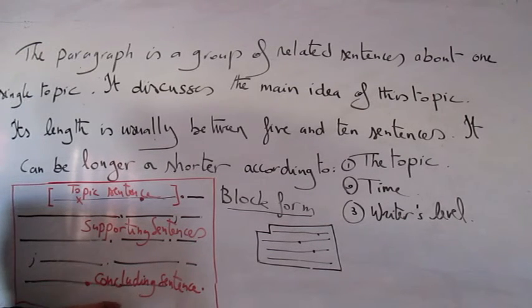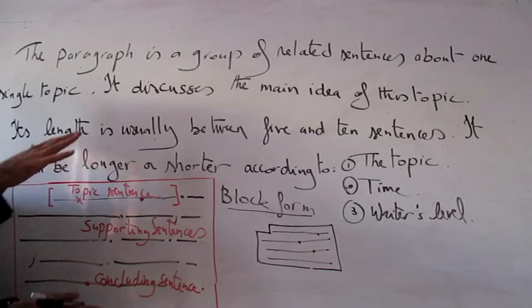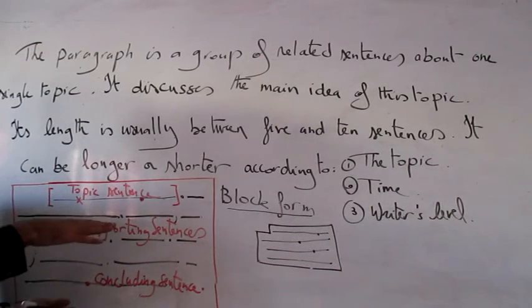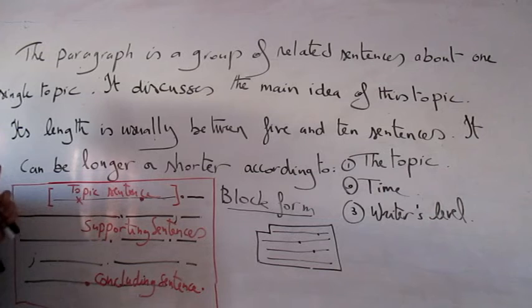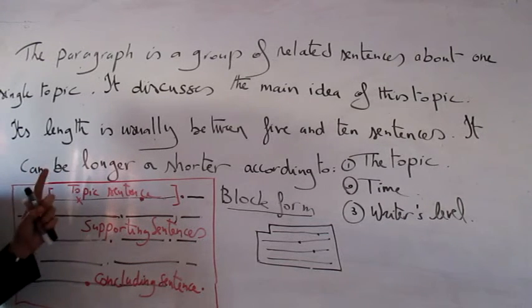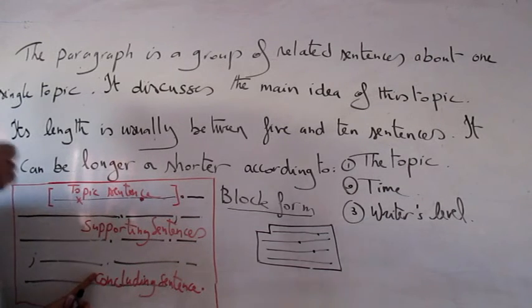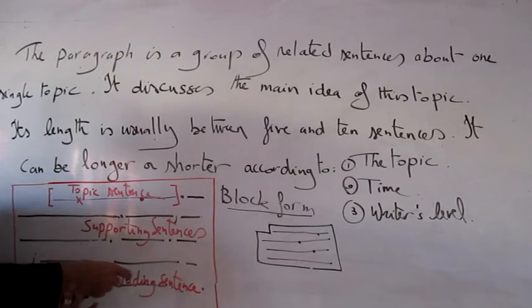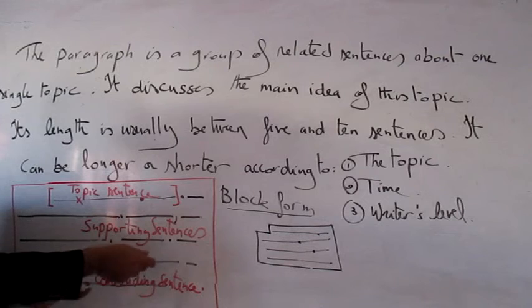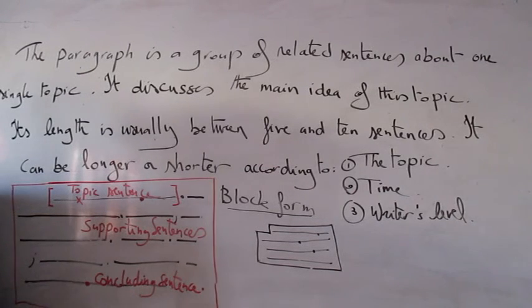No need here to bring anything new, any new topic, because the unity of the paragraph requires that we discuss only one single topic from the beginning till the end, develop only one single topic, and also conclude the paragraph about the same single topic. We go back to it to restate the main topic or to summarize the main ideas we have developed in the body.